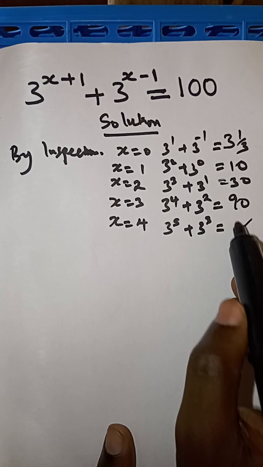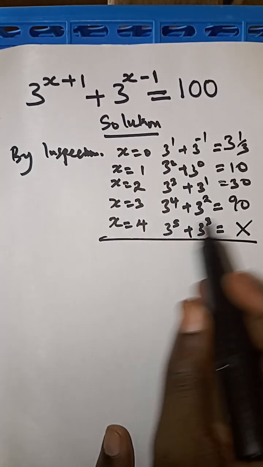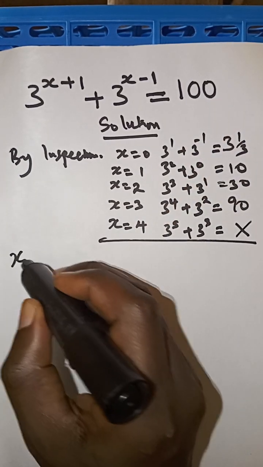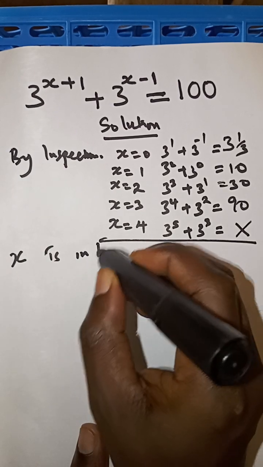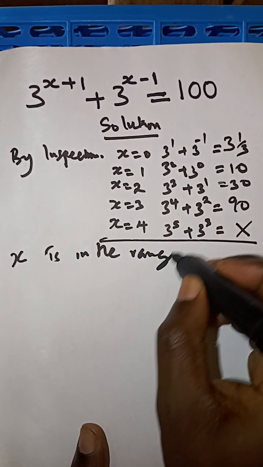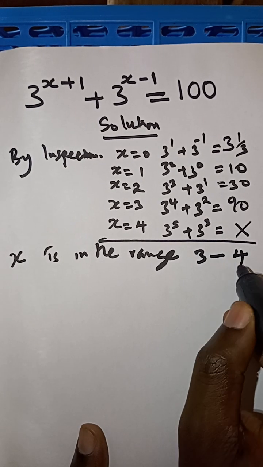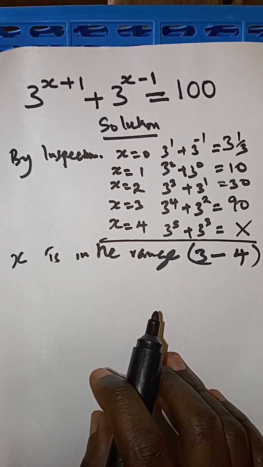Of course, it has exceeded the limit. Our aim was to get 100, meaning that x by inspection is in the range between 3 and 4. So the question is, how do we go about it?